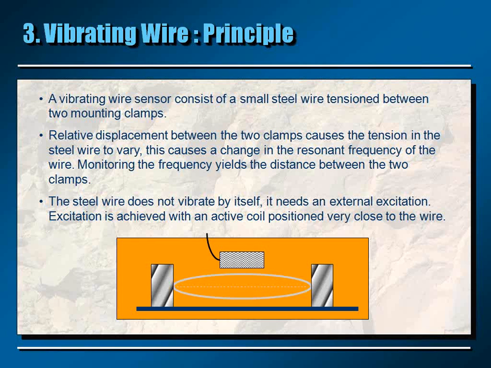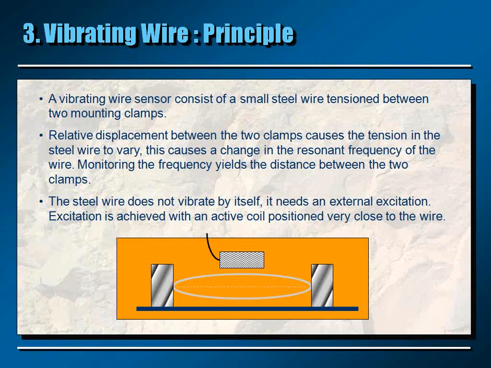Now, the principle. A vibrating wire sensor consists of a steel wire, similar to a piano wire, that is fixed to two anchors or two mounting clamps. And any change in distance between these two clamps will affect the tension in the wire. So by measuring the resonant frequency of the vibration of the wire, it will be possible to know if there's any change in distance between these two clamps.